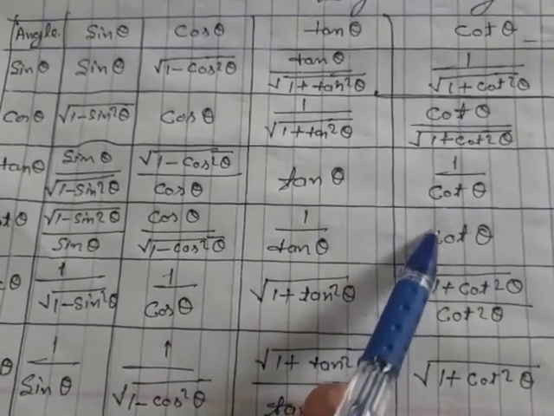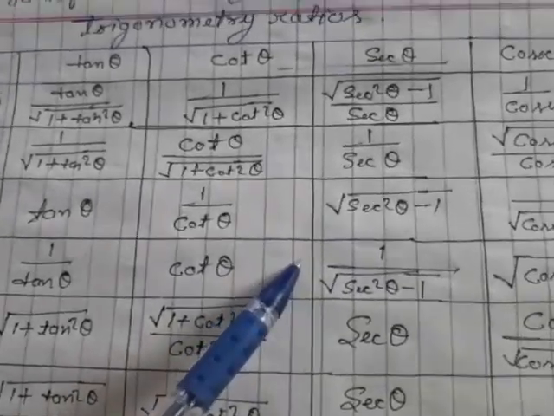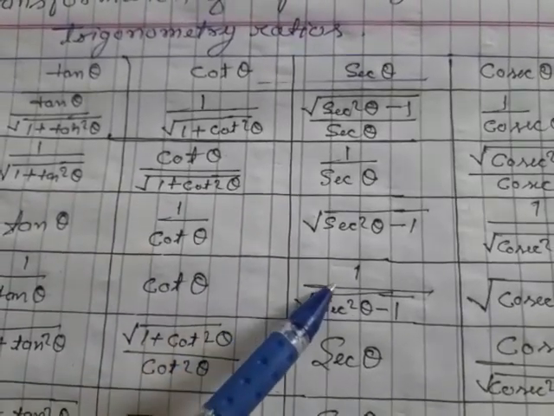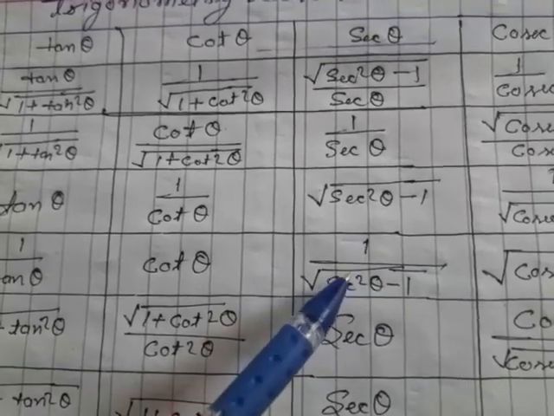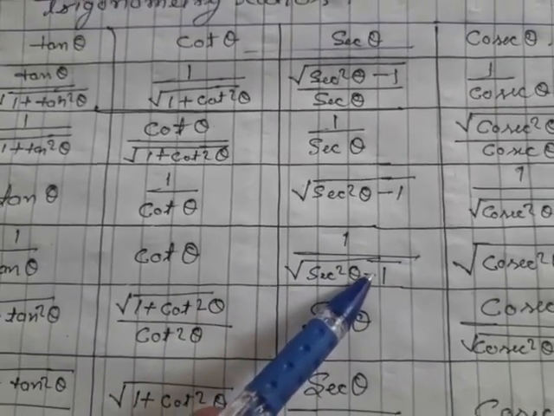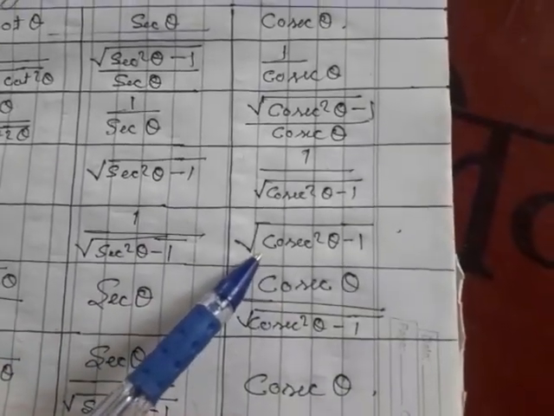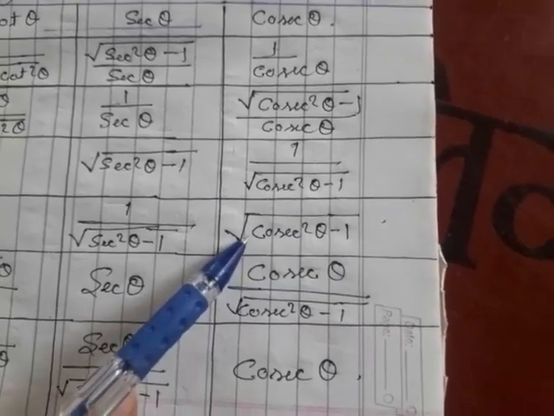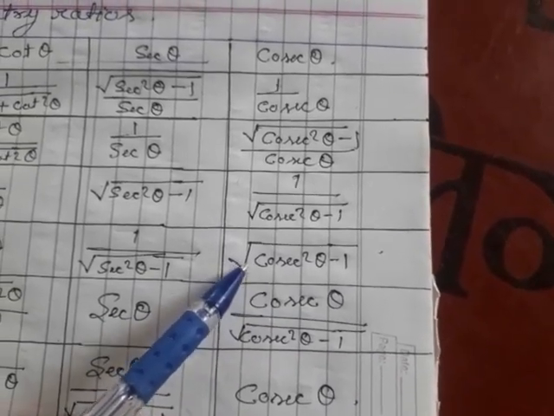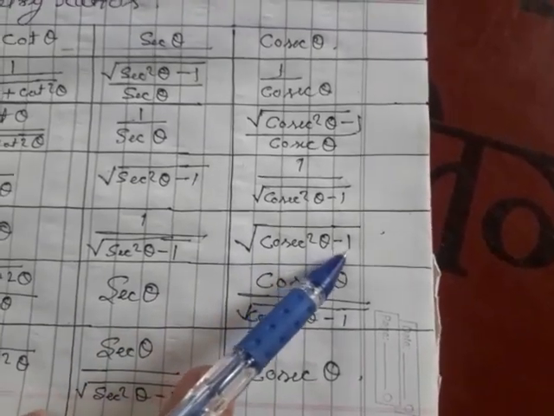Cot theta in the form of cot theta is cot theta. Clear? And cot theta in the form of sec theta: 1 upon under root sec square theta minus 1. Clear? Similarly, cot theta in the form of cosec theta: root cosec square theta minus 1.